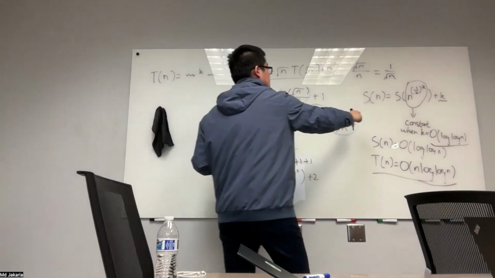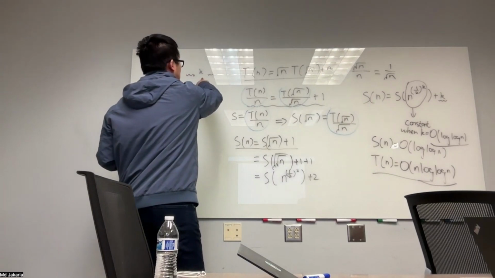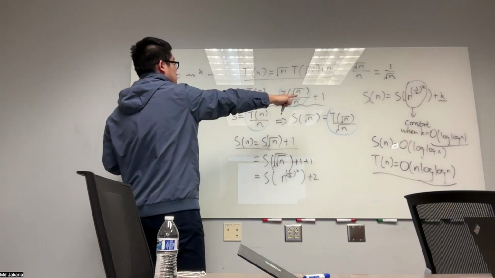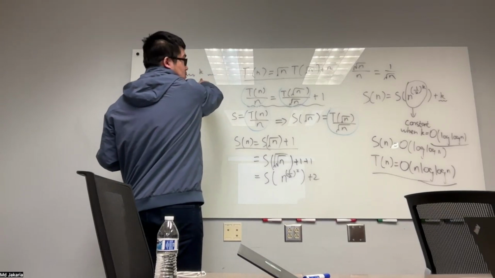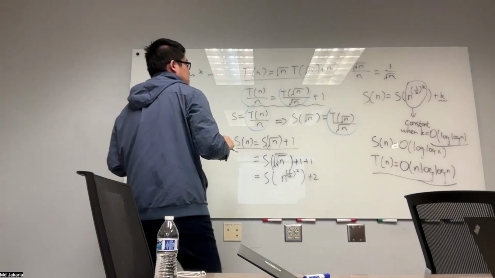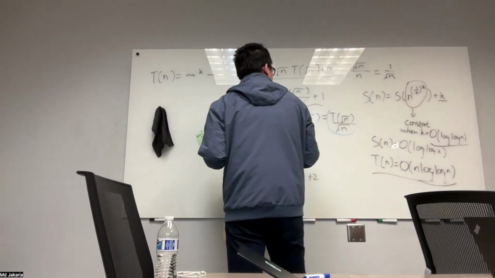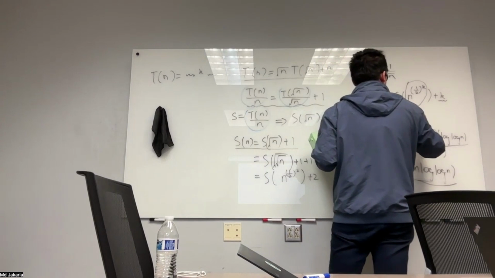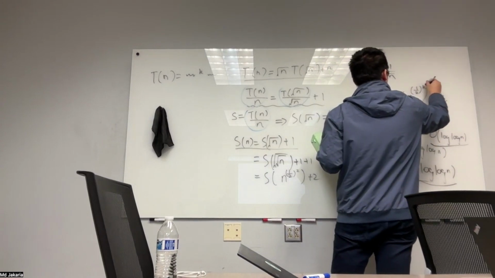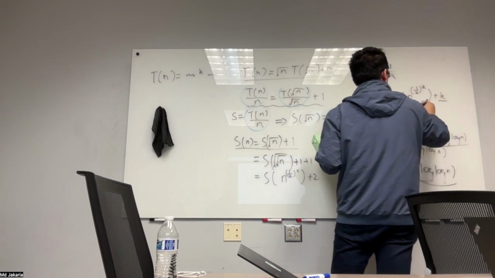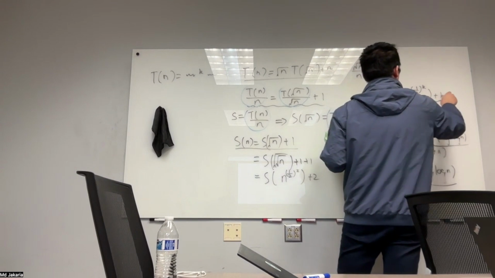For this case, when we expand this k times, this means that we expand this recurrence relation k times, and that gives us S of n in this one here. This is what we want, okay?